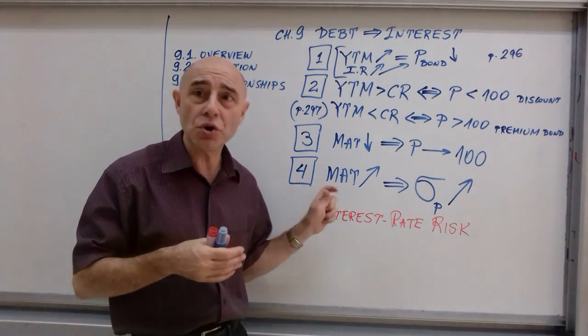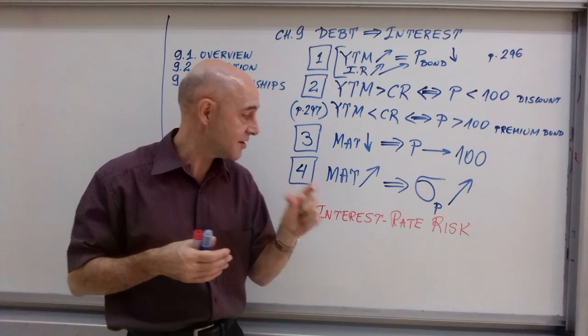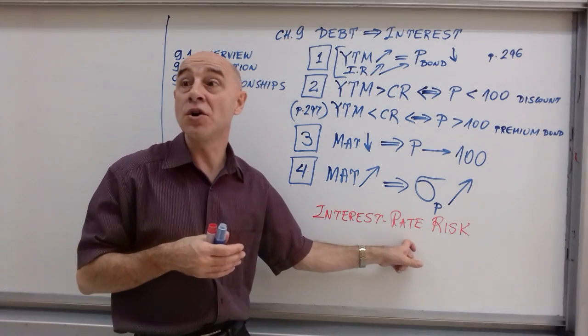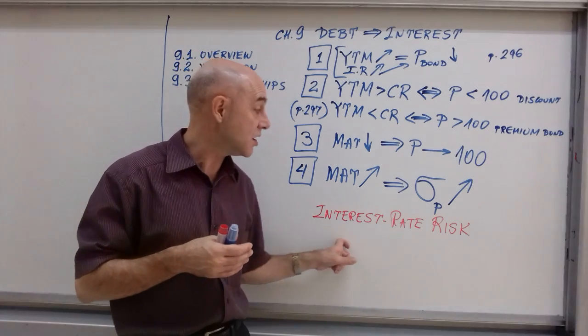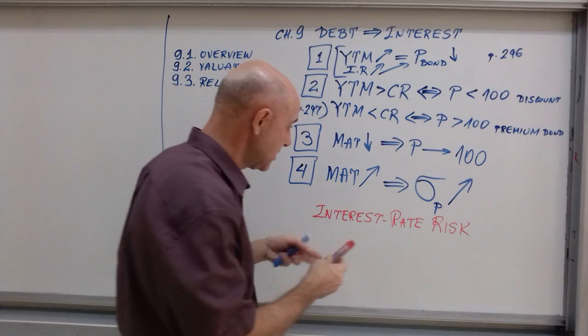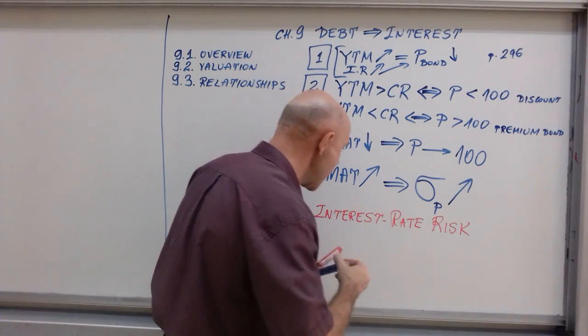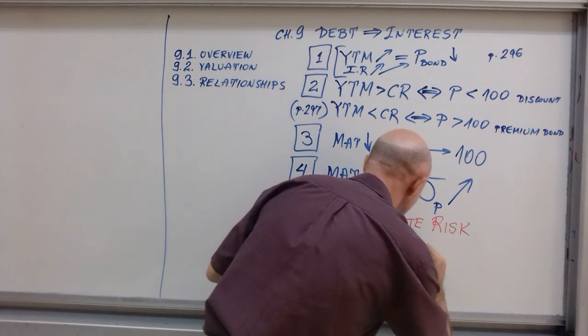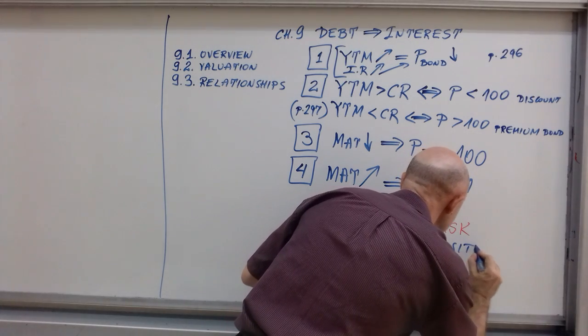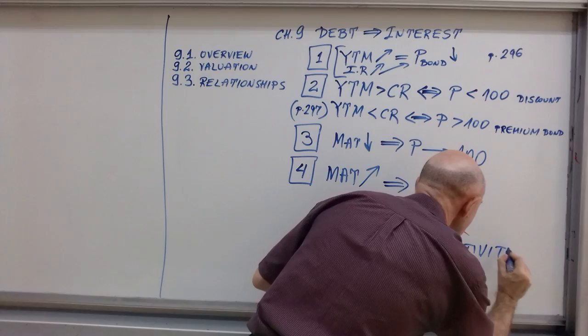In other words, short-term bonds are not interest rate sensitive, and long-term bonds are very interest rate sensitive. So, interest rate risk is the same as interest rate sensitivity.